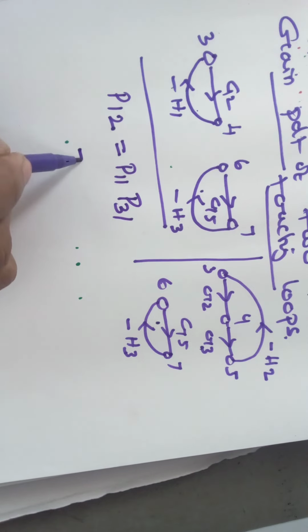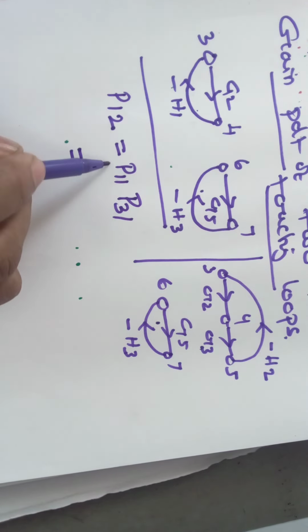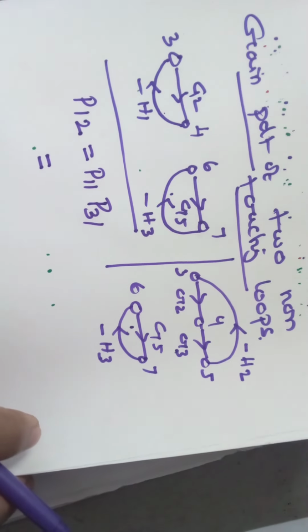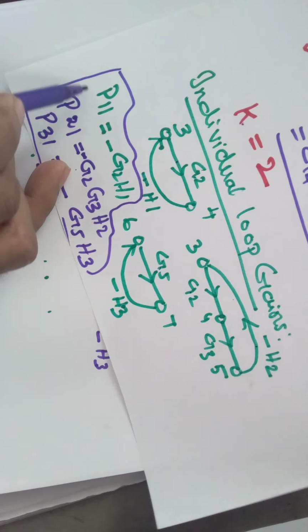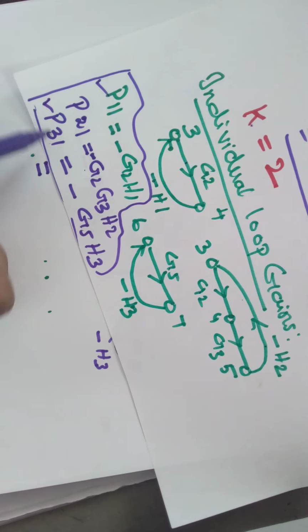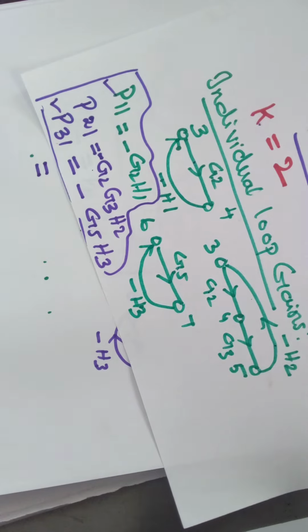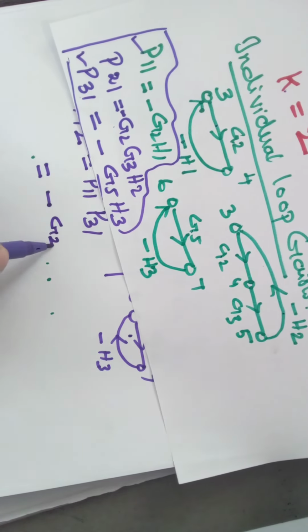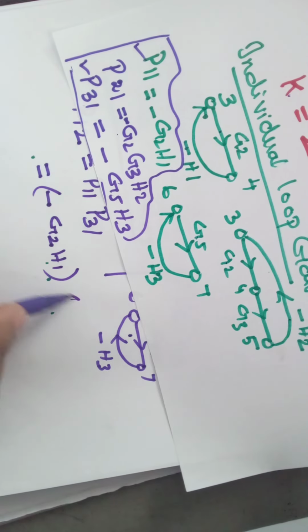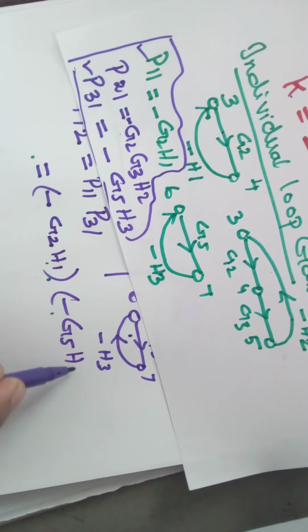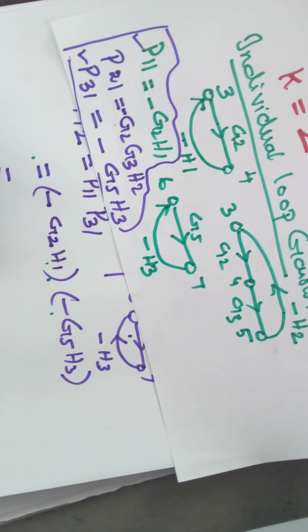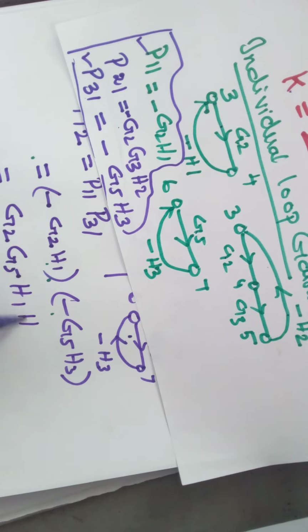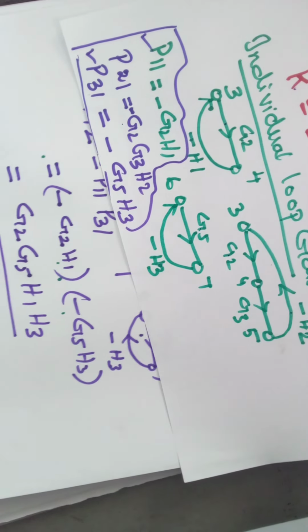So this is nothing but the gain product of these two gains: minus G2 H1 into minus G5 H3, which is equal to G2 G5 H1 H3. This is the answer.